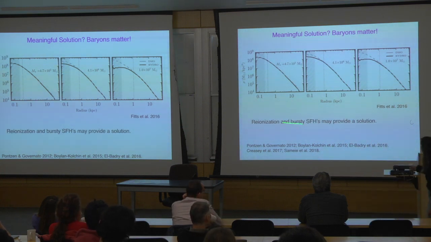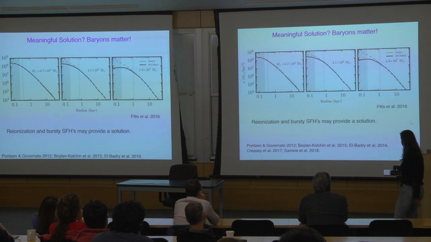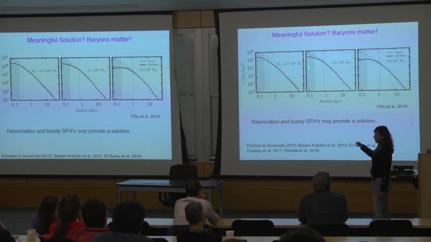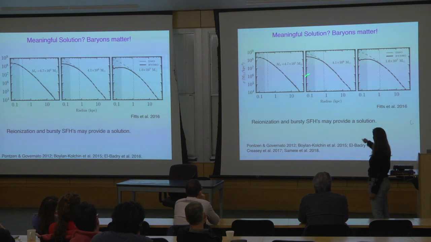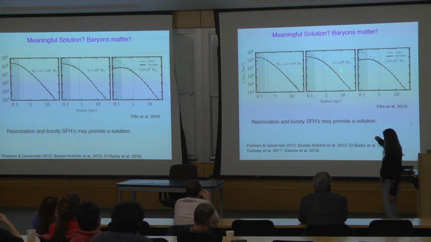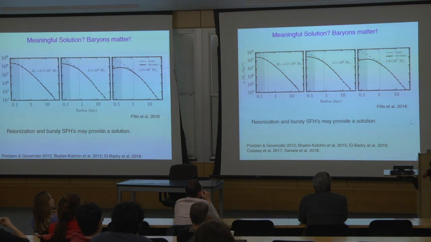Okay, so the total mass of these 3 different galaxies is 10 to the 10. Okay, so light plus dark matter. But this is the stellar content size. Okay, so you have 3 different galaxies, one that's around 10 to the 5 solar masses, one that's 10 to the 6, and one that's 10 to the 7, but that all sit in a 10 to the 10 solar mass dark matter halo.